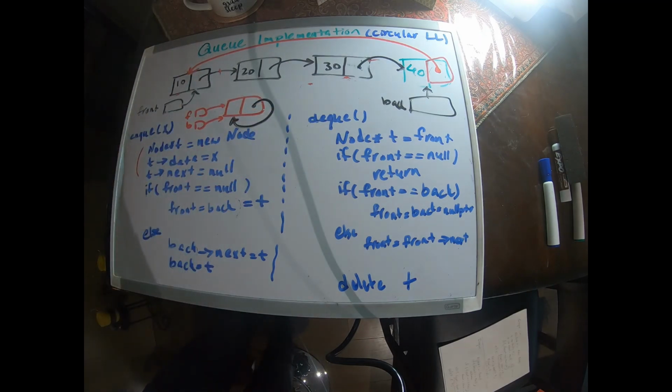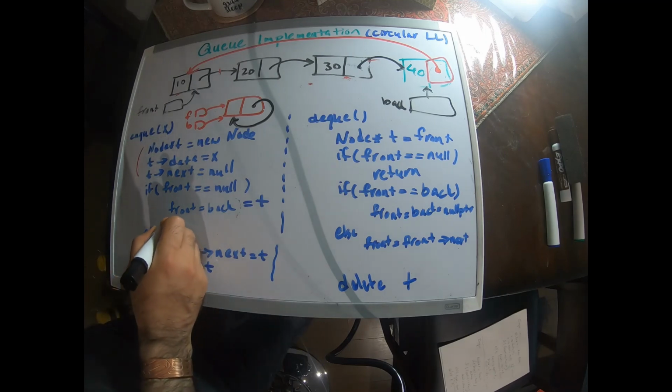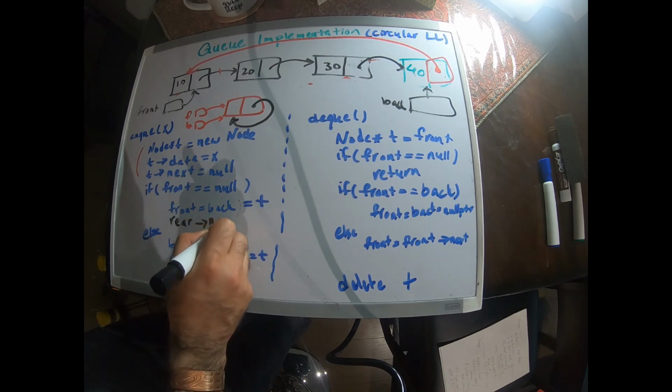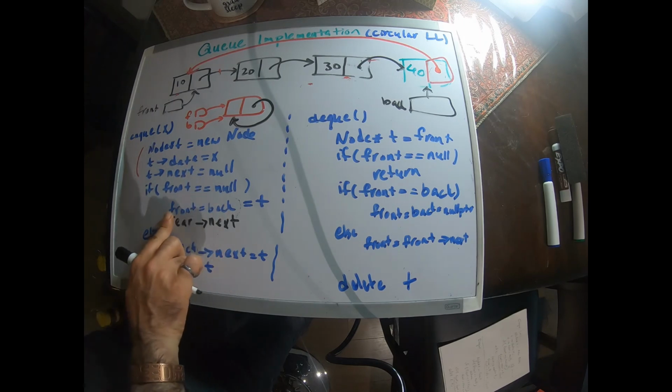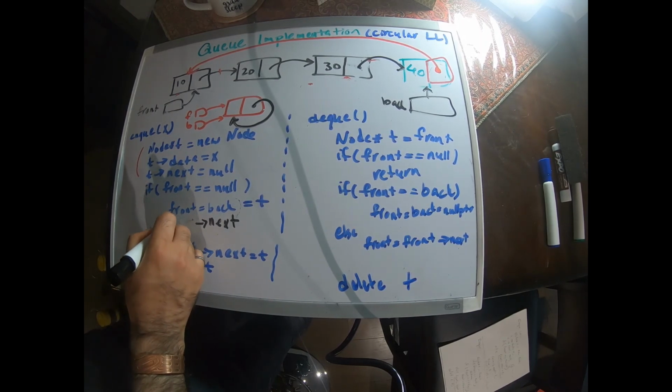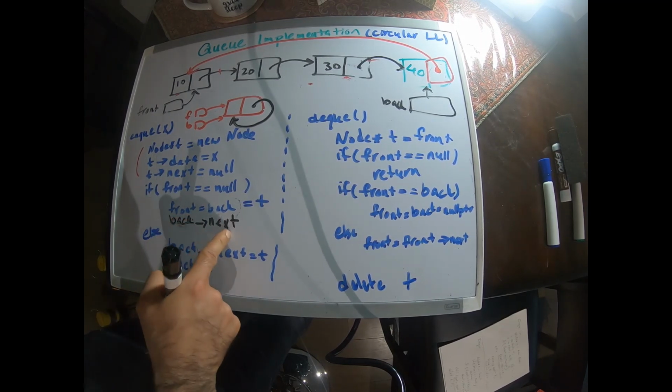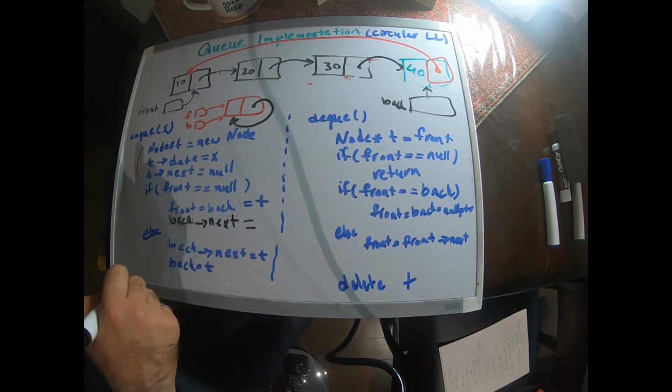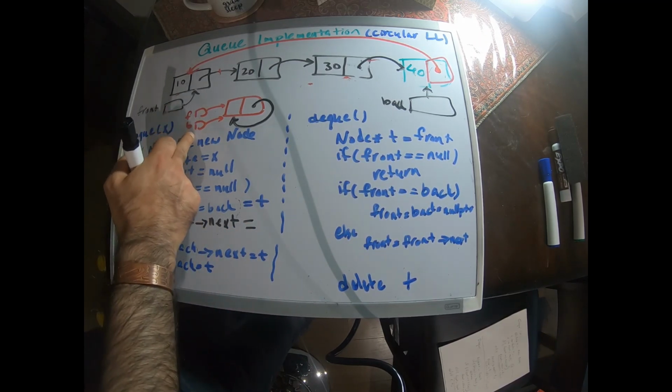So this basically means that we can just add one line here. We're saying that back arrow next is equal to front.